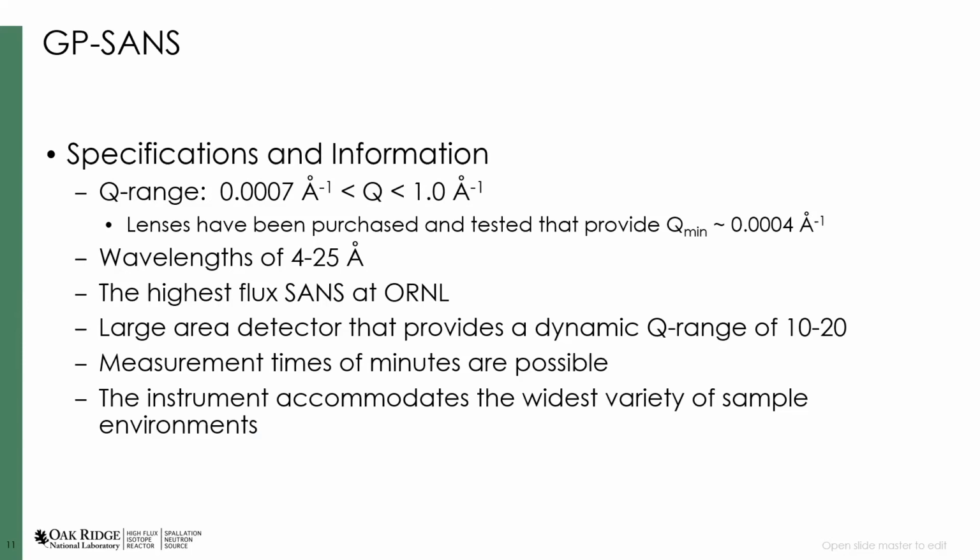So if you're hoping to do things like time resolved studies that require a large flux, the GP-SANS instrument is the one that you would probably want to use. Some of their planned upgrades include things like building out the detector array, things of that nature. So I think it's a really great instrument. I think that the team has done very well working with that.